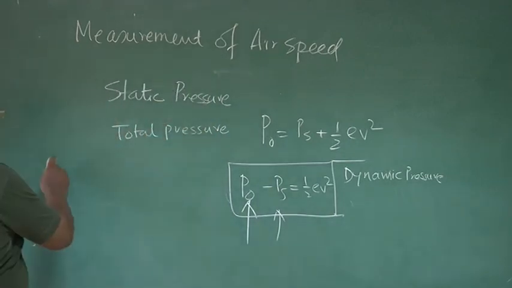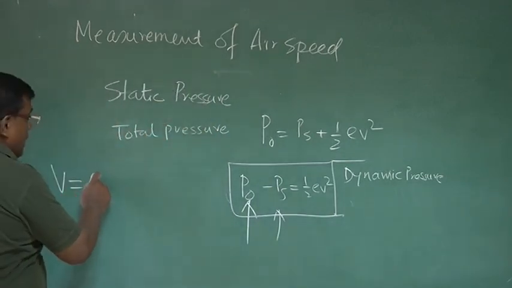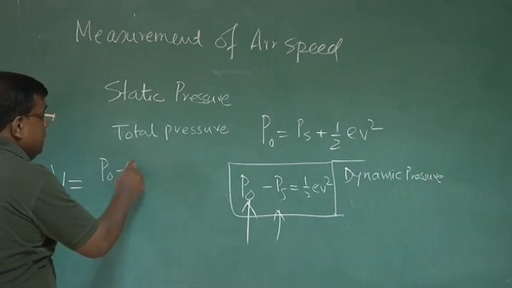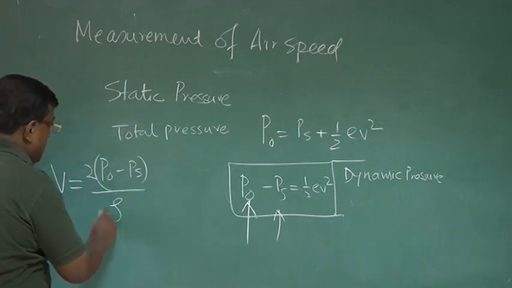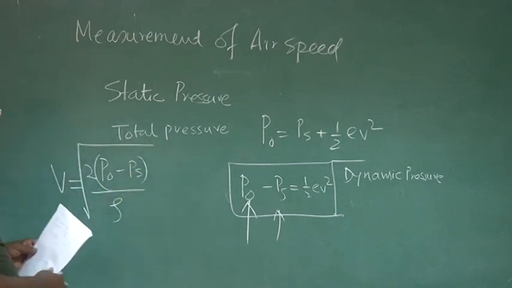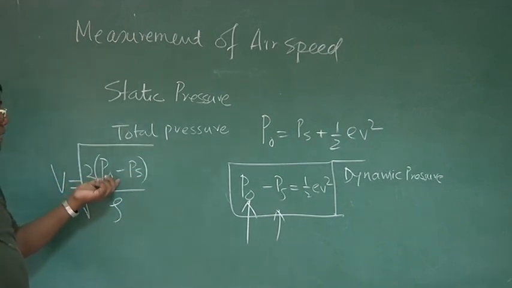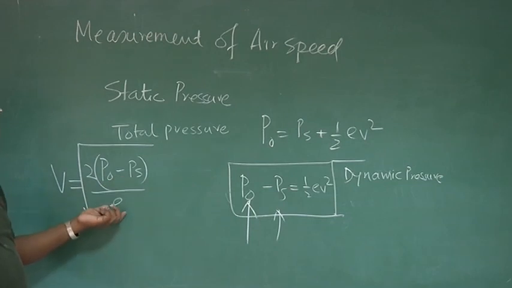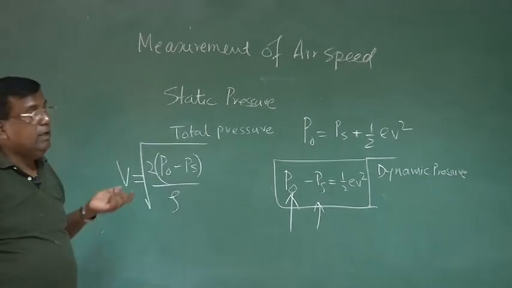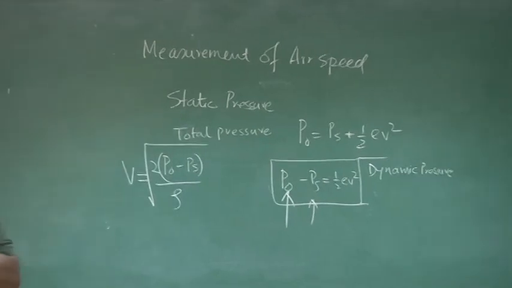If I want to find the speed, I know that if somehow I can get this difference between total and static, and the density at that point, I can get what is the speed. Okay, that is the basic concept.